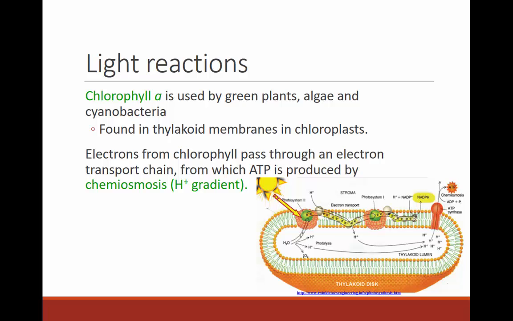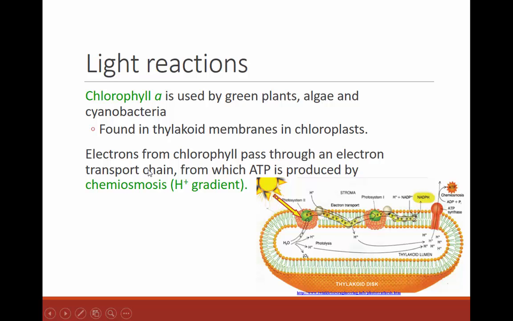So if we look just at the light reactions, you've got chlorophyll, and chlorophyll A is used by green plants, algae and cyanobacteria. And remember those thylakoid membranes that we saw last week or the week before? That's where that is found, in the chloroplasts.